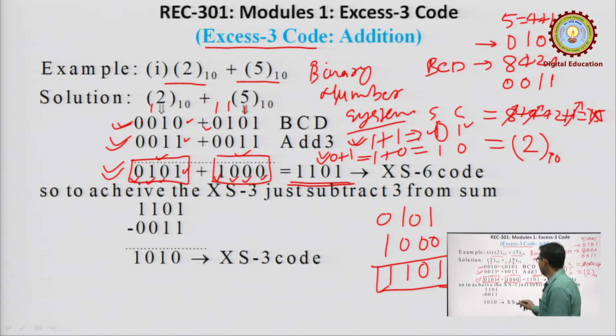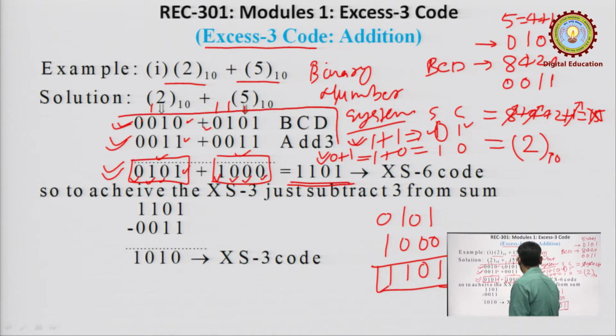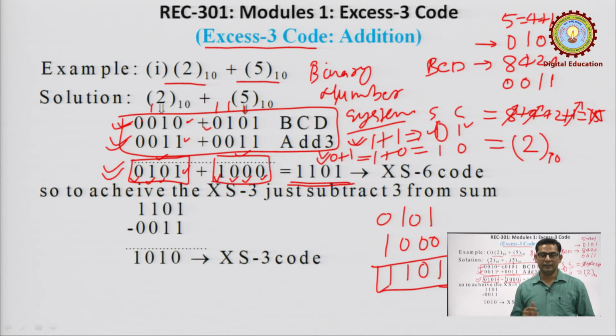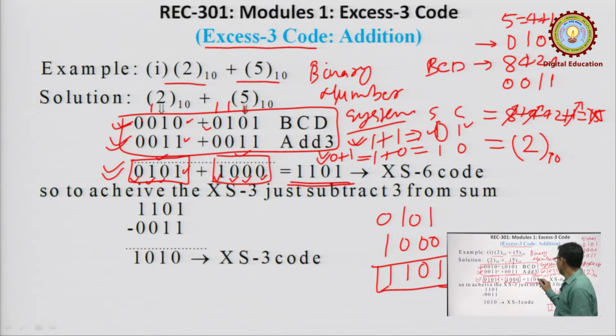Why is this not? Because from this section we can see XS3 code represents the 3. If we add the 3 in the BCD code or any decimal number, we will get the XS3 code, but from here we can see what is the value of this one.